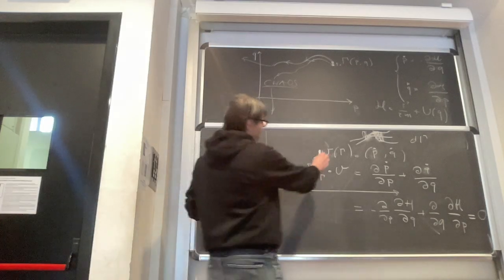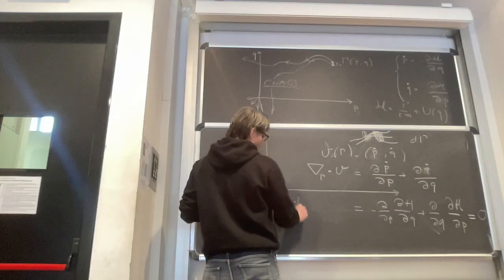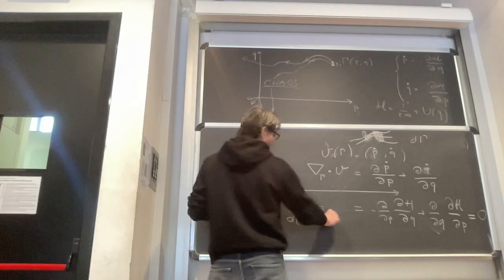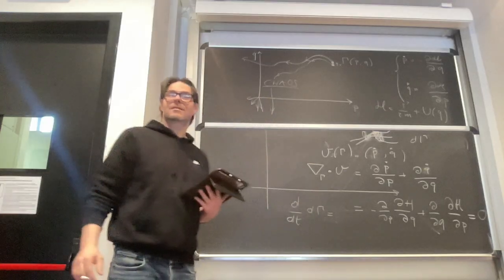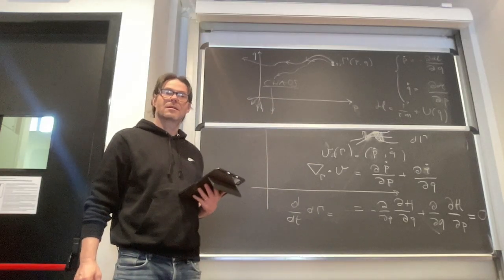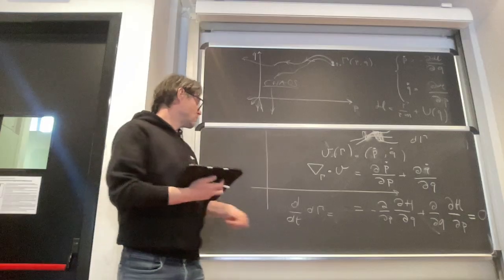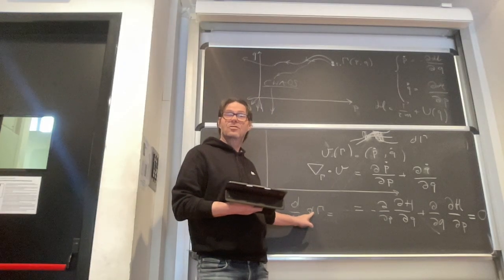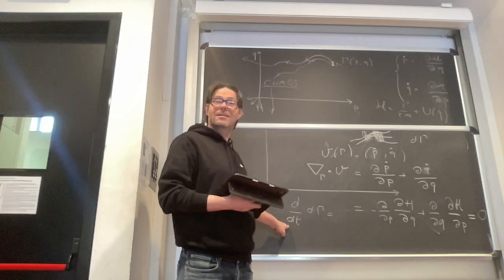Then it follows that if I look at the rate of change of an infinitesimal volume of phase space, I can use the chain derivative to get the total differential, right?